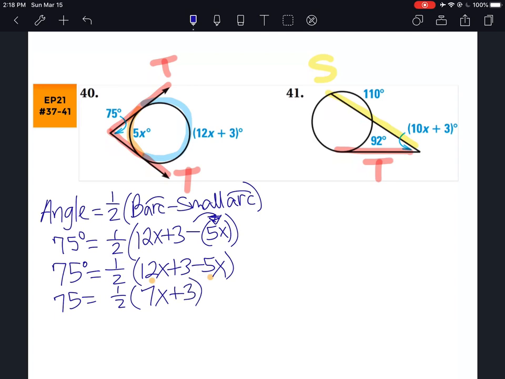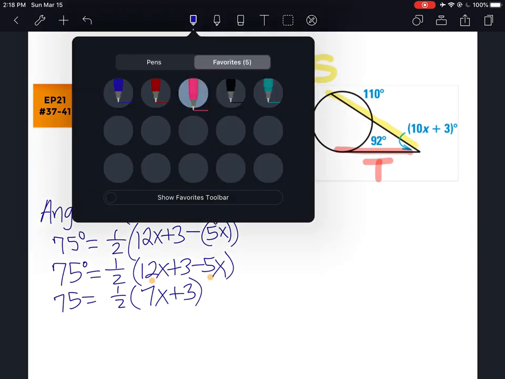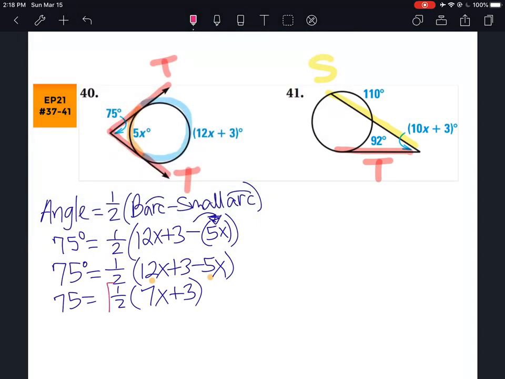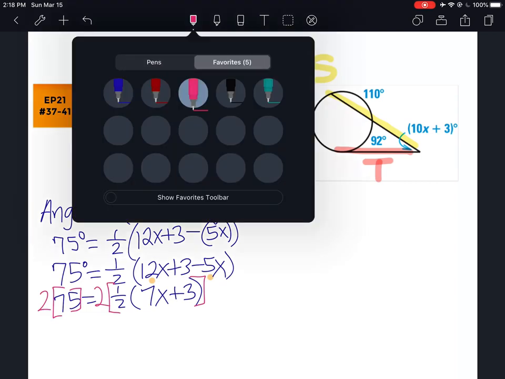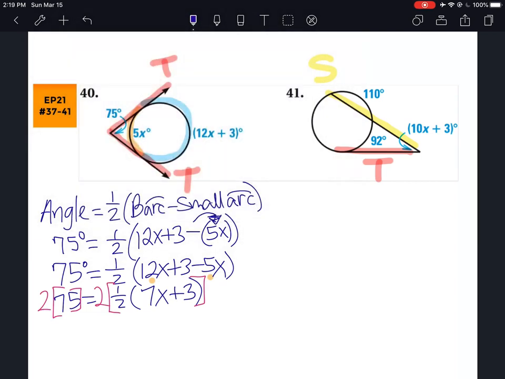Notice if I were to distribute 1/2 to 7x and 1/2 to 3, they are not divisible by 2. So the easier way of doing this is to multiply by 2 in front. Because if you were to multiply 2 times 1/2 times a binomial, these two would cancel each other anyway. 2 times 75 is 150, and all you would have left is 7x plus 3.